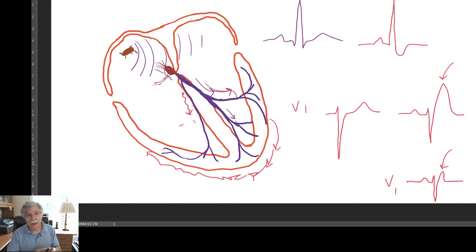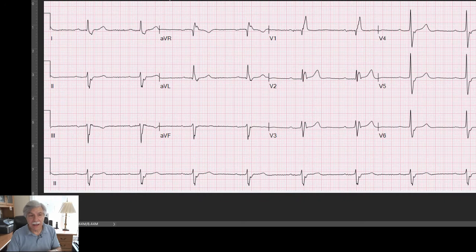Now, the reason we start thinking about trifascicular block is that sometimes what we see is a tracing like this, where you have a large R prime in V1, and you have a wide S wave in lead 1 and aVL, so it sure looks like a right bundle branch block.